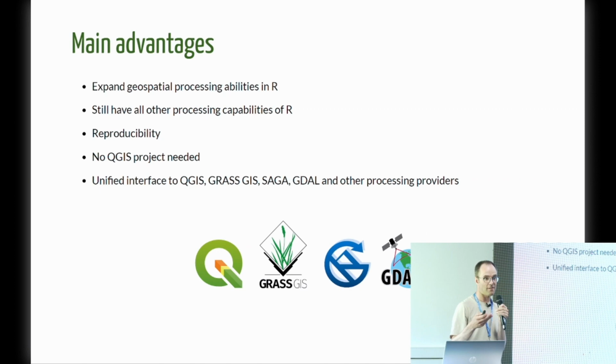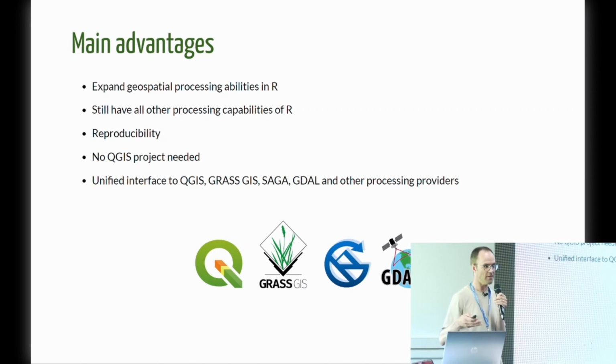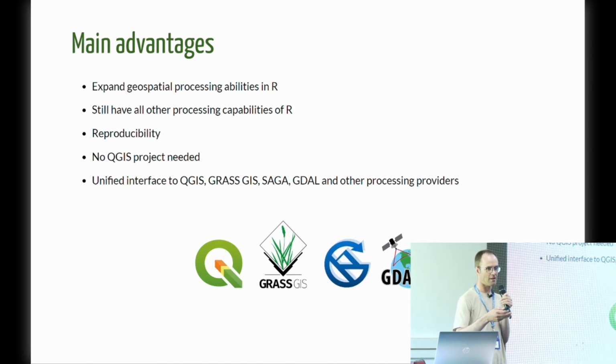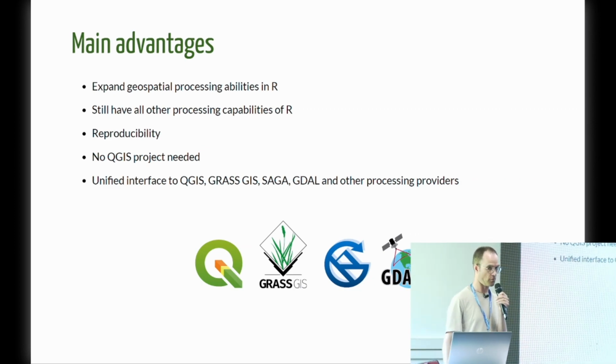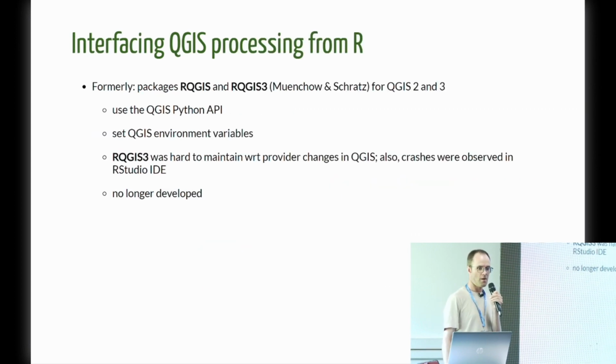Well, that makes it an easy entry to access them all. Of course, that doesn't mean that you cannot access several of these in a separate way. So, for example, GRASS GIS has an rgrass package to access it explicitly and to take more control over what GRASS can do. So there are several powerful tools anyway besides QGIS, but this is really an interesting entry.